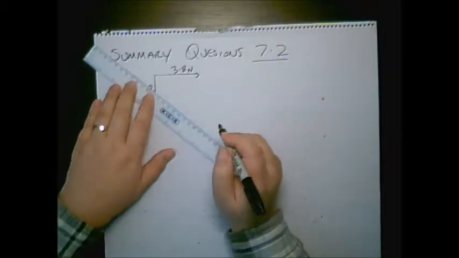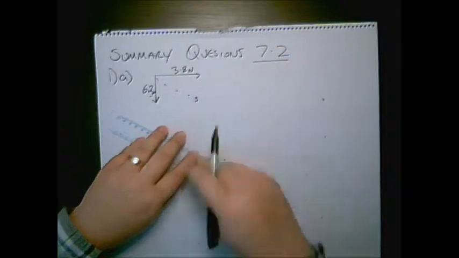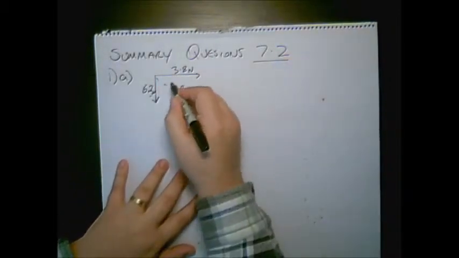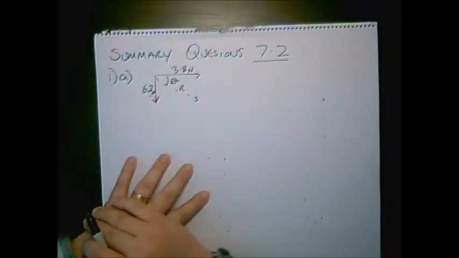Now the resultant is clearly going to be in this direction here, and we call that R. It's going to be at this angle here to the 3.8 of theta.